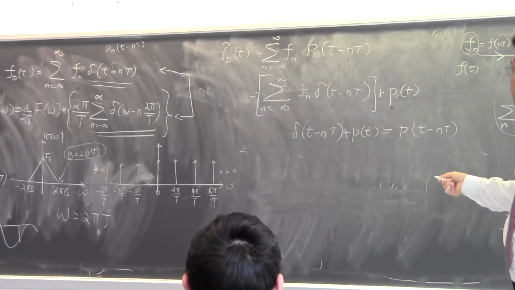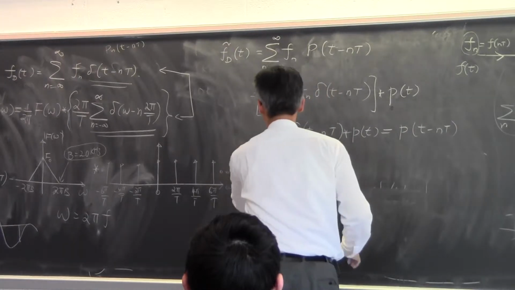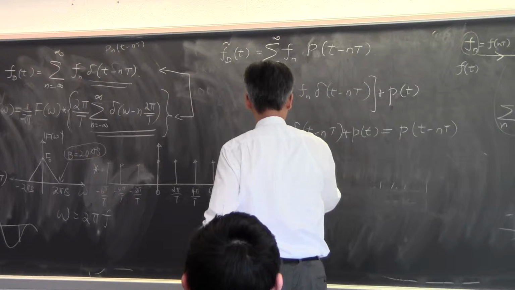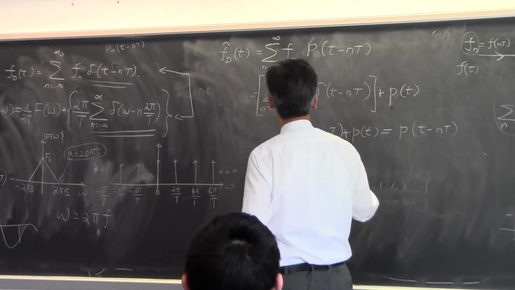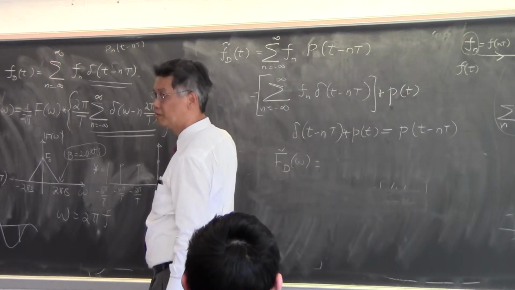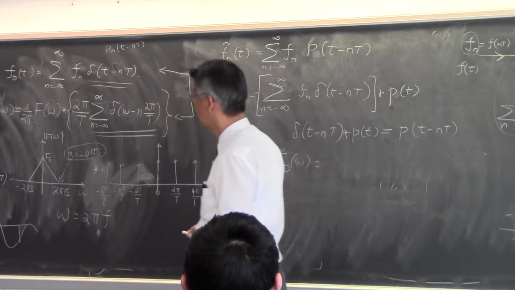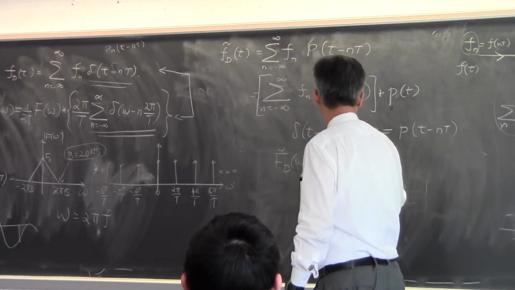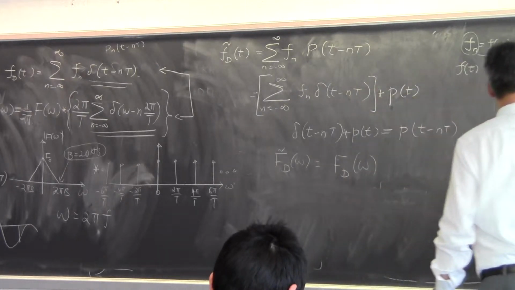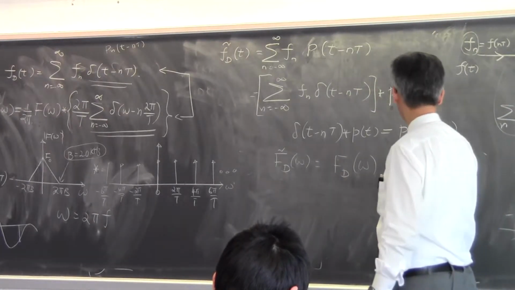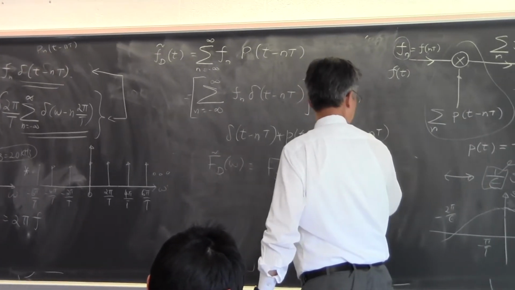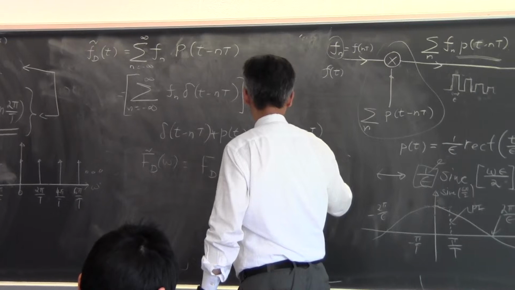Now if I take the Fourier transform of this approximate rendition of this digitized signal, I will get Fd tilde of omega equal to this original spectrum that I have found here, multiplied by the spectrum of this, which, as I have derived over here, is the sinc of omega epsilon over 2.